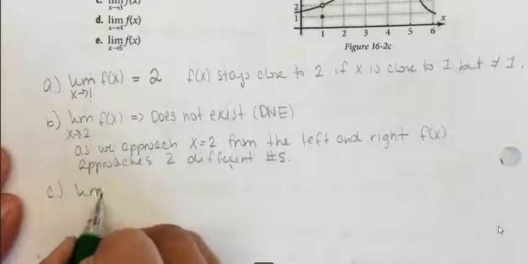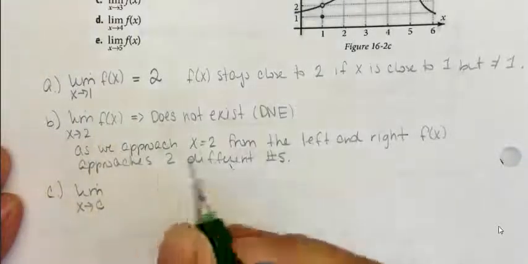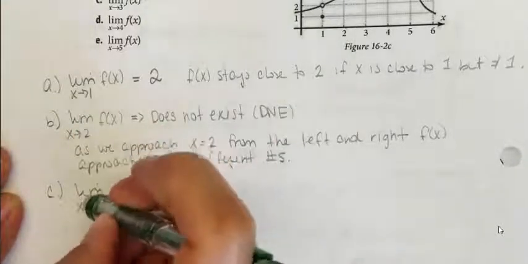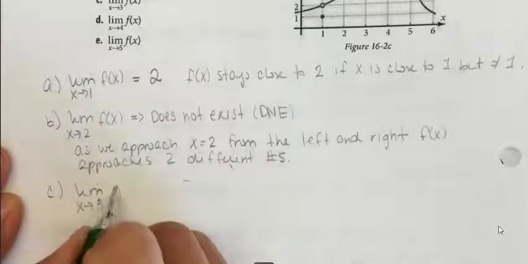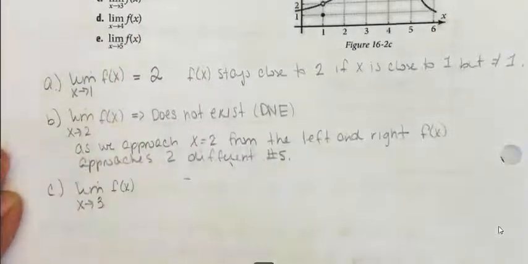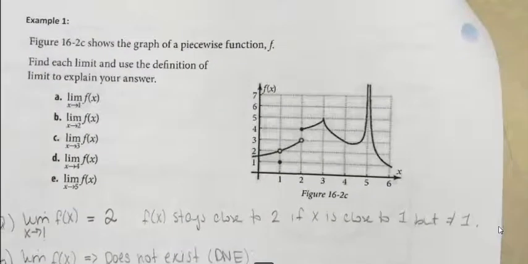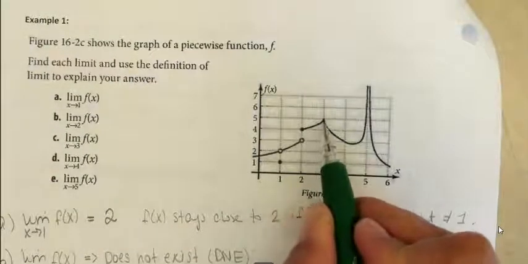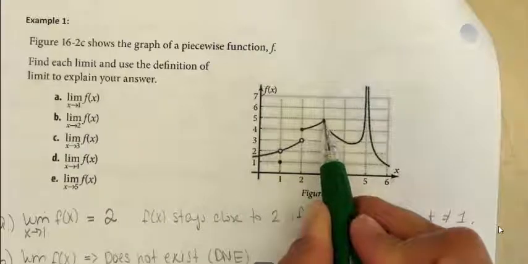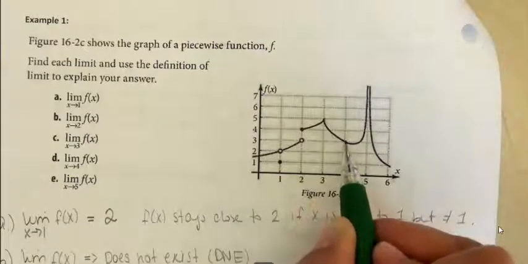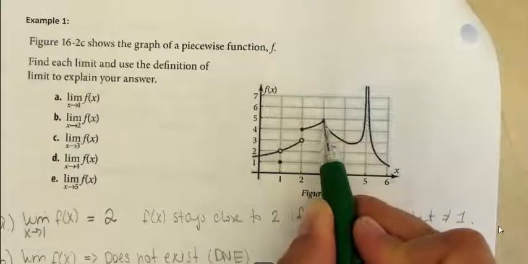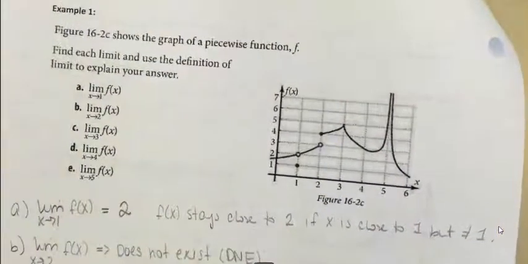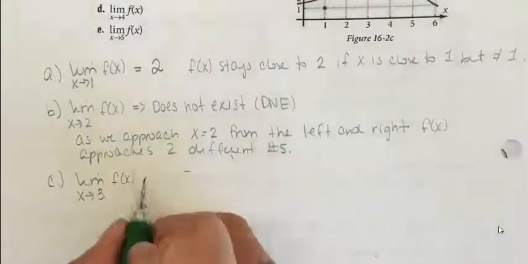So the limit as x goes to 3 of f of x. So as I approach 3 from the left, I'm heading to 5 on my output. And as I approach 3 from the right, I'm also heading to 5. Okay, so we know that the limit is equal to 5.